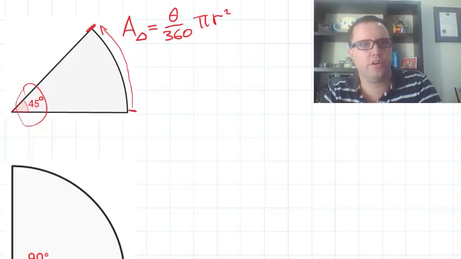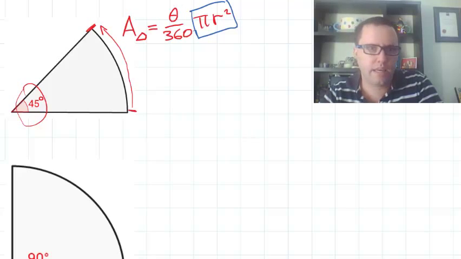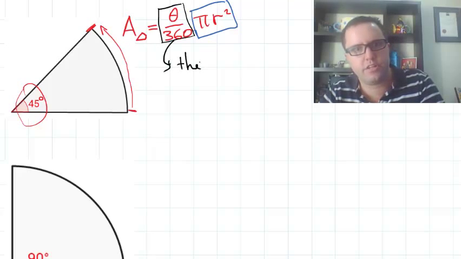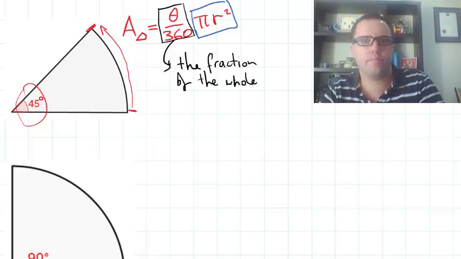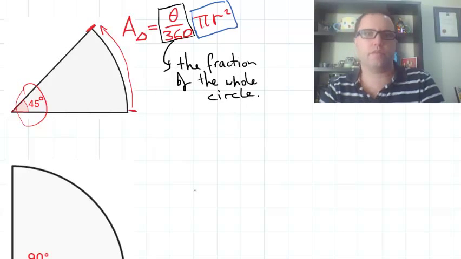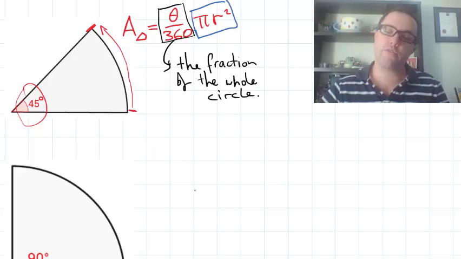Here is our circle formula, and this piece in the front is the bit that works out what fraction of the whole circle it is. That's our general formula for a sector.